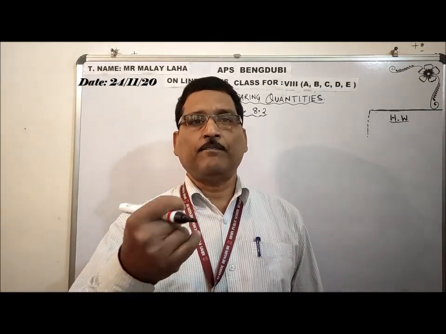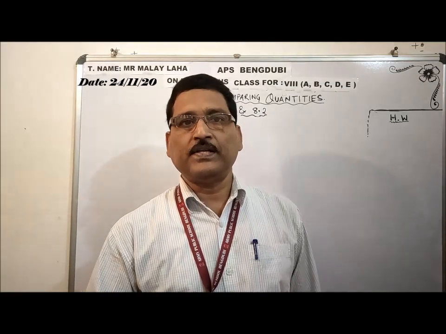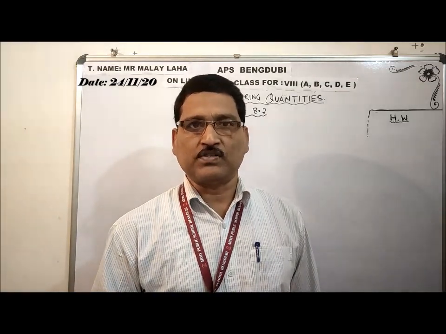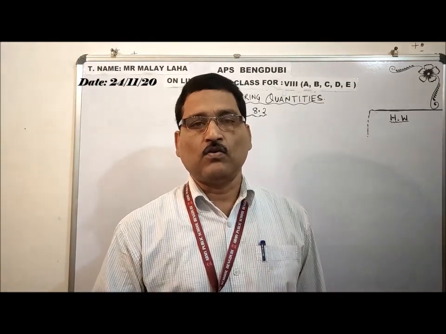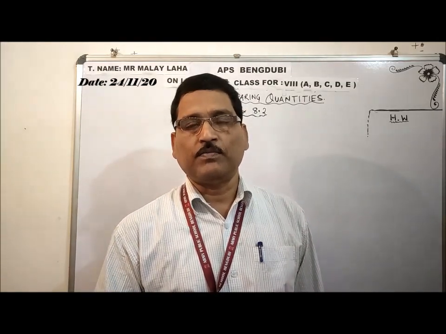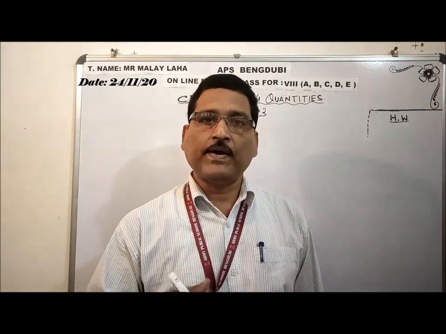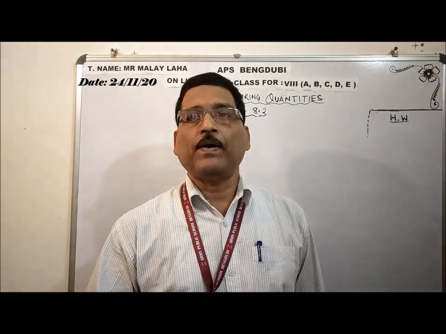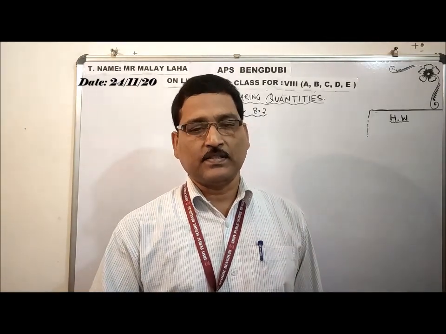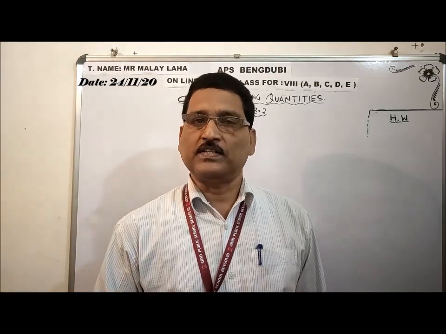Suppose I am purchasing an old scooter, and after repairing, the repairing charge is 2,000 and the old scooter purchase was 10,000. So what is the cost I have to consider for the scooter? 10,000 plus 2,000, that is 12,000. Now if I like to sell it and make a profit of 5%, 10%, whatever it is, calculate, put the value, and you will get your desired answer.